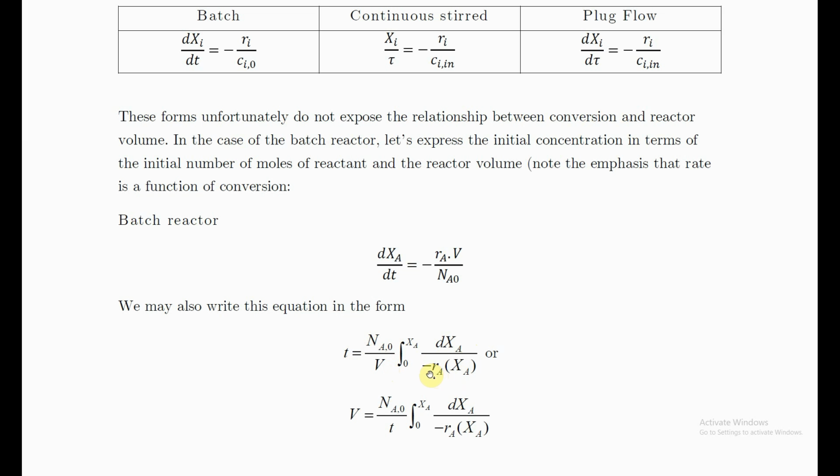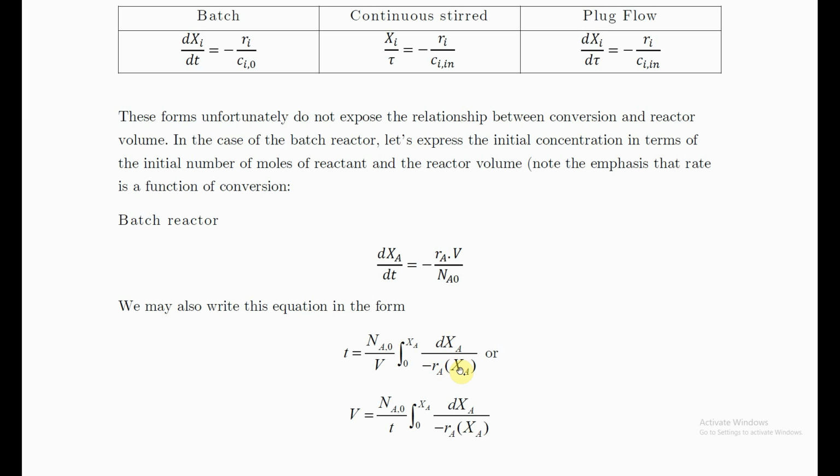And here, this is just being specific, Ra is a function of XA. So it's a little reminder that yes, Ra is going to be a function of XA, so when we do this integration, we have to respect that.